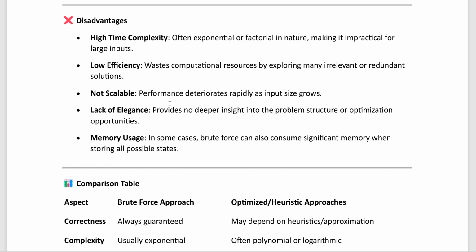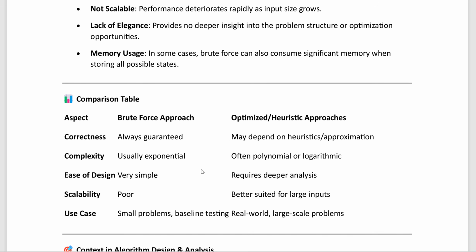It is also not scalable. That is, performance deteriorates rapidly as input size grows. It provides no deeper insight into the problem structure or optimization opportunities. In some cases, brute force can also consume significant memory when storing all possible states.